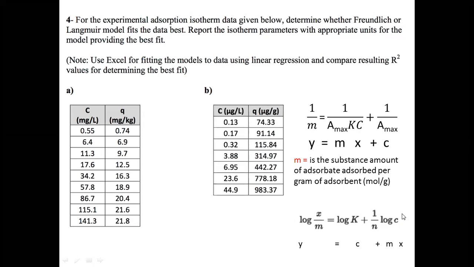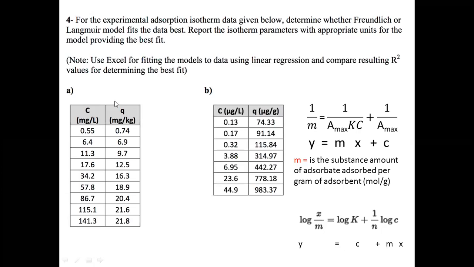If you have a look at the Freundlich adsorption isotherm, this is the x over m, the amount of adsorbate adsorbed per gram of the adsorbent, and this is similar to the M. And this is the C. Here one unit indicates both the adsorbate and the adsorbent, and there it is individually written.